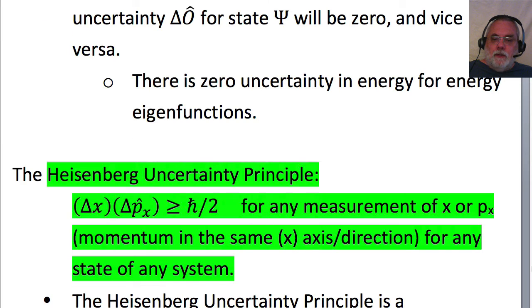The Heisenberg uncertainty principle. For a given wave function, the uncertainty in position for that wave function times the uncertainty in the momentum in that same direction will always be greater than or equal to h bar over 2 for any measurement of x or p sub x, momentum in the same x direction, for any state, any wave function, of any system, any potential.